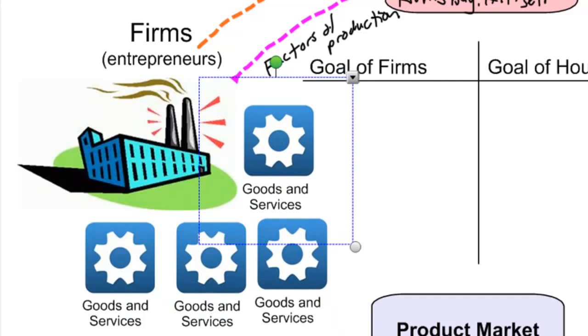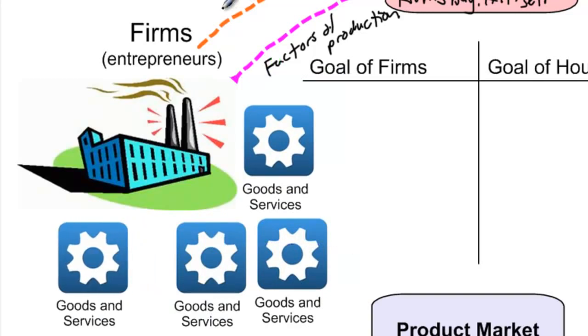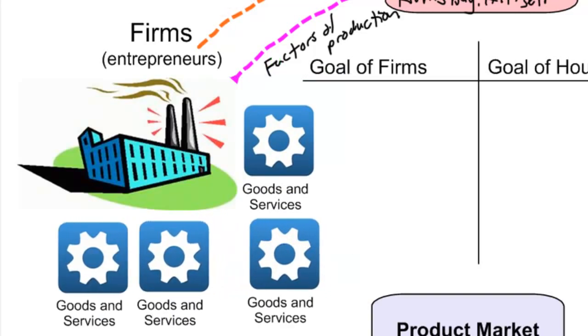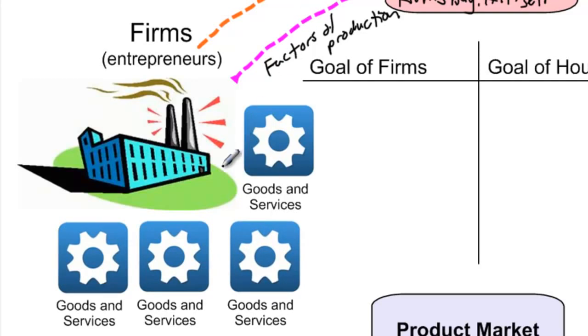So now firms have lots of goods and services which they have produced using the resources acquired in the resource market. Of course, the reason for the production that firms have undertaken is to sell. A market economy is all about selling. Households sell resources in the resource market, and firms sell goods and services in the product market.